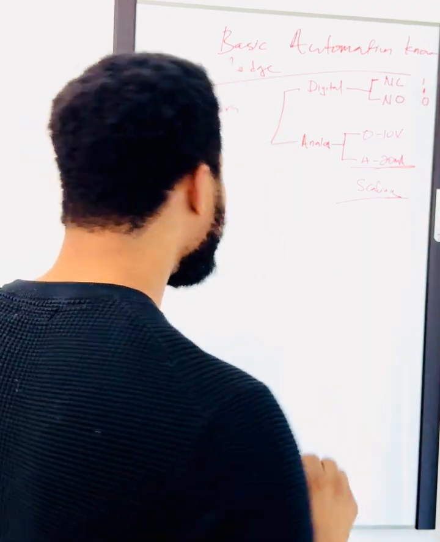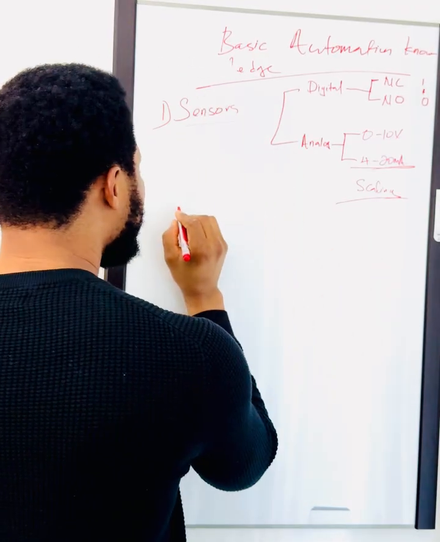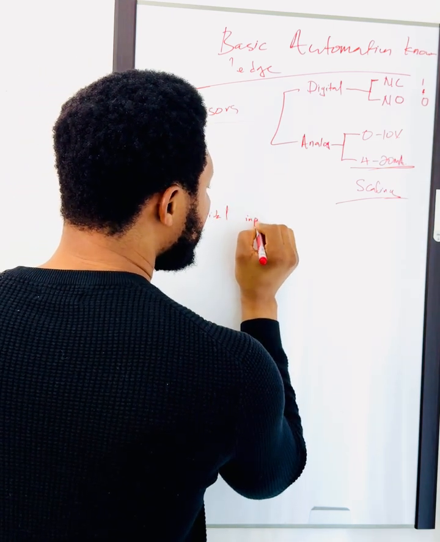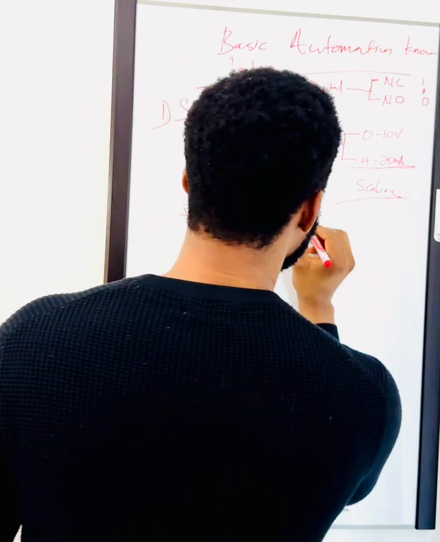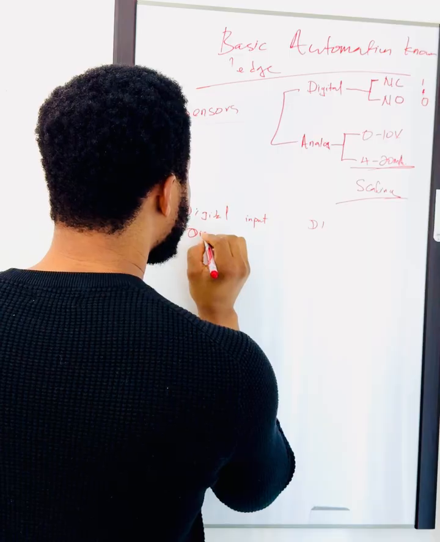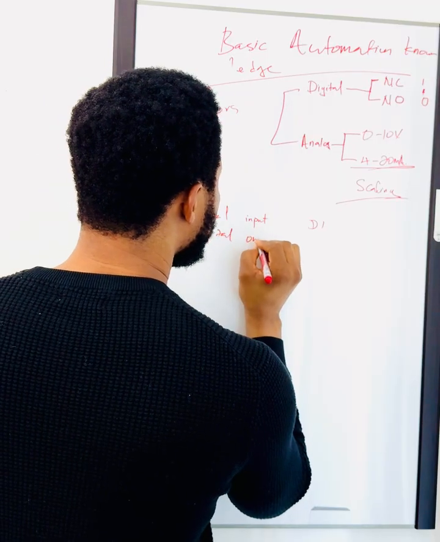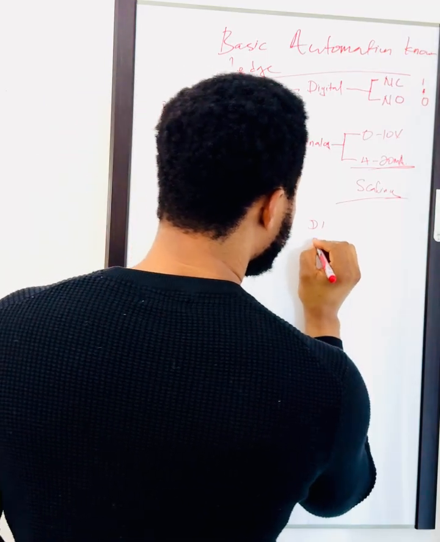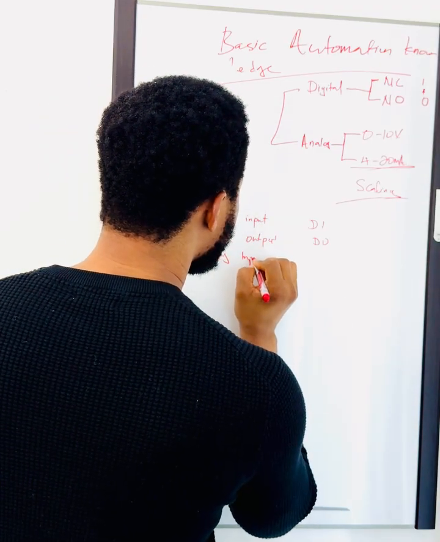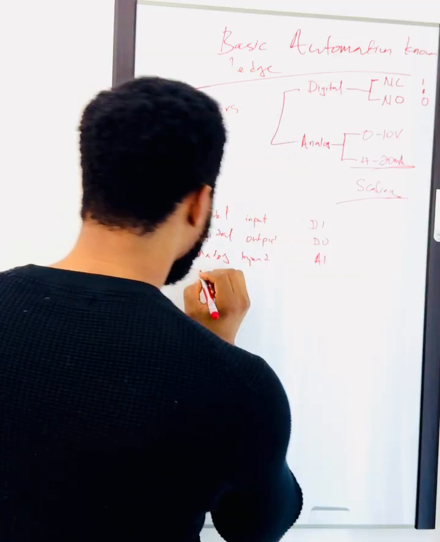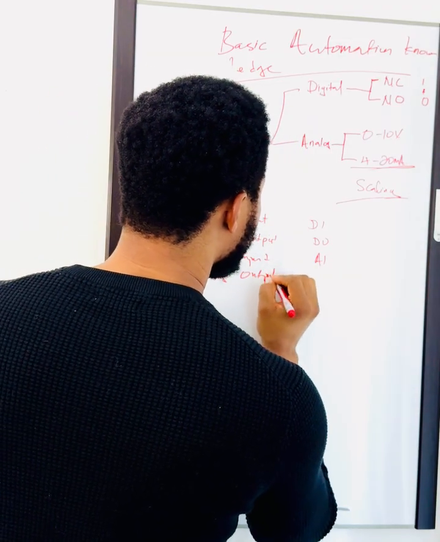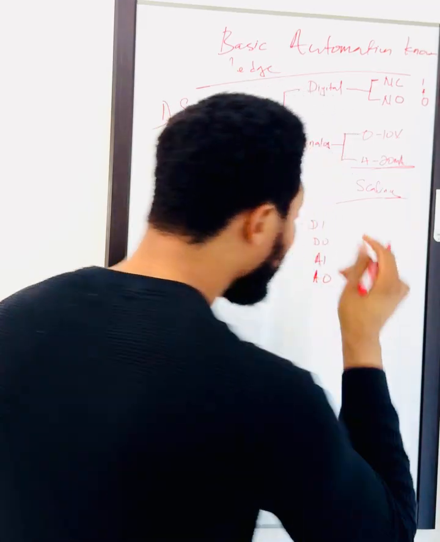So basically, I said earlier, for every PLC, you have your digital input, that is your DI, your digital output, which is your DO. You have your analog input, which is your AI, and you have your analog output, which is your AO.